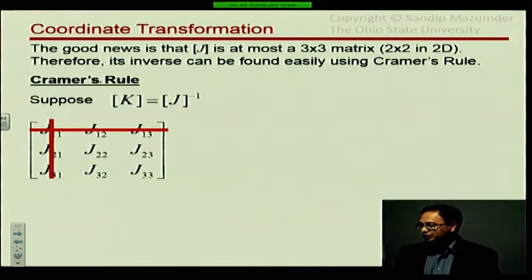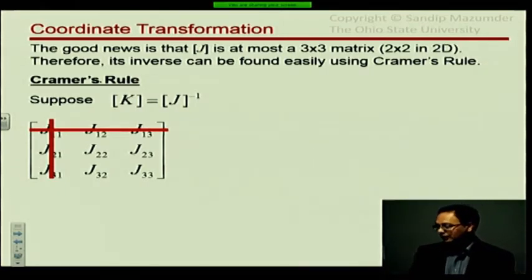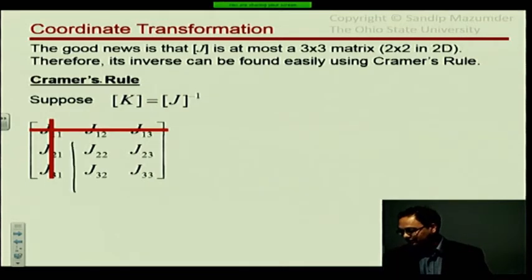Suppose I want to find K11, the first element of the K matrix. What I do is I take the J matrix, I strike out row number 1 and column number 1, and I'm left with this part here.